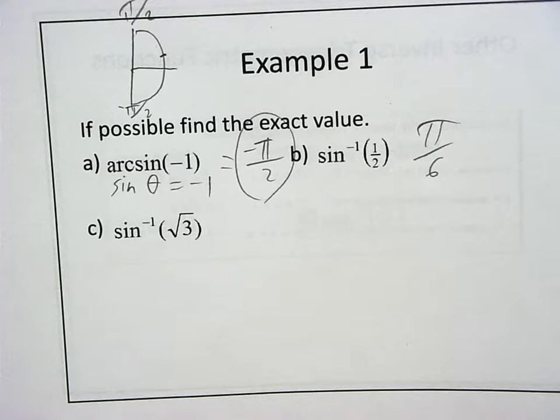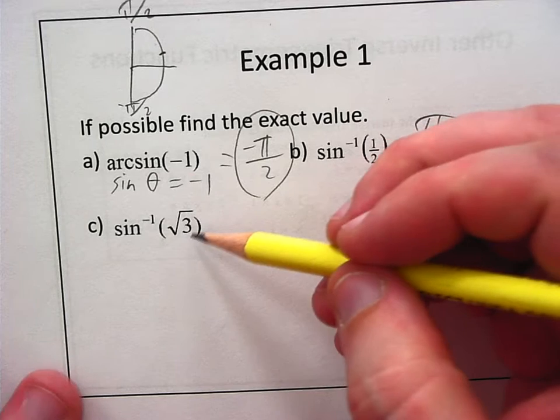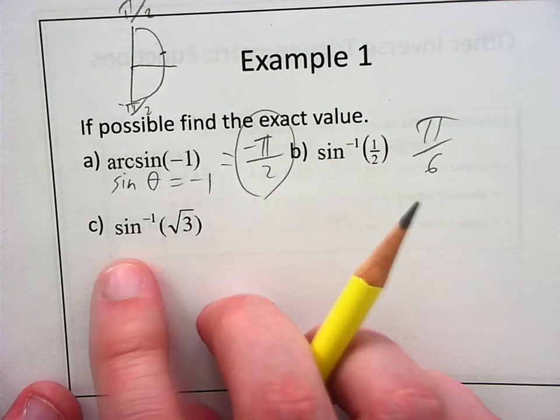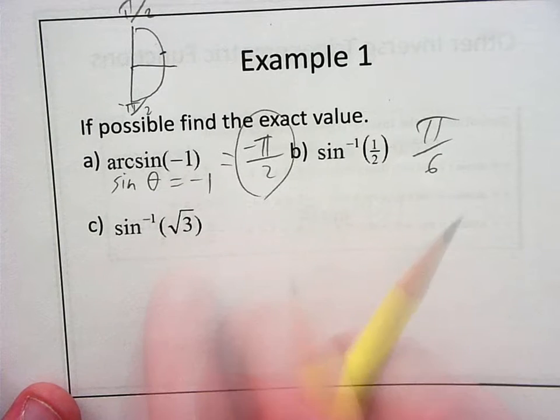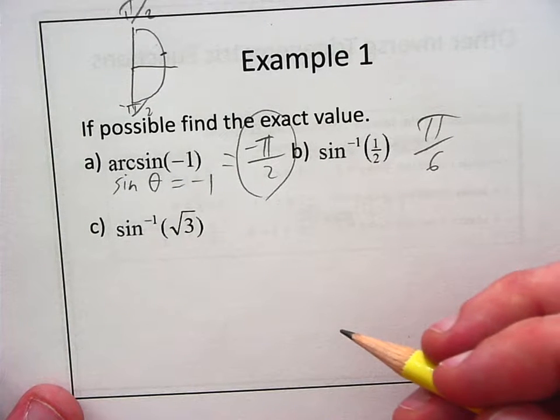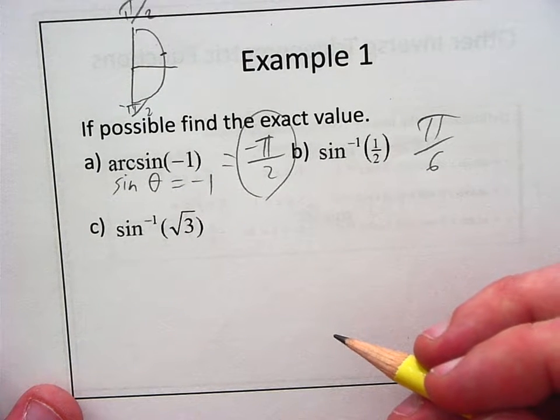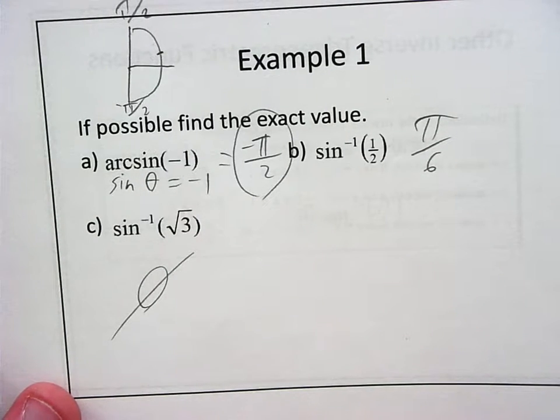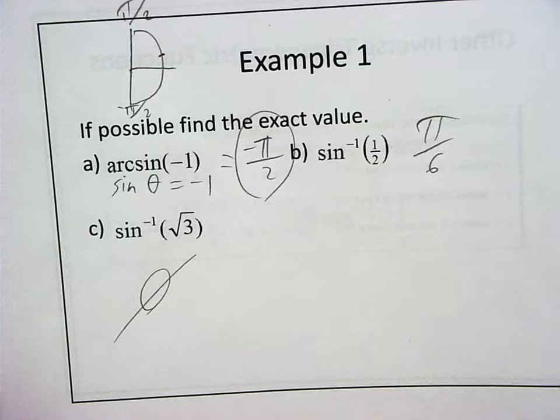Yeah, it's greater than 1. If I was thinking about this in terms of sine instead of inverse sine, this would be your output value for sine, since it's input for arc sine. Square root of 3 doesn't fall within that sine wave. So this one is no solution. When you're talking about arc sine, arc cosine, the input values cannot be bigger than 1 or smaller than negative 1.